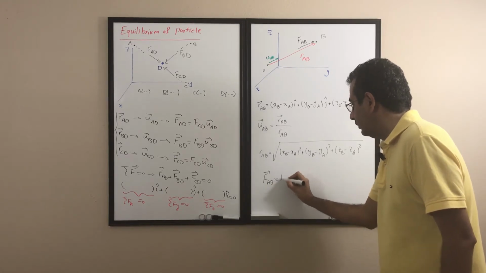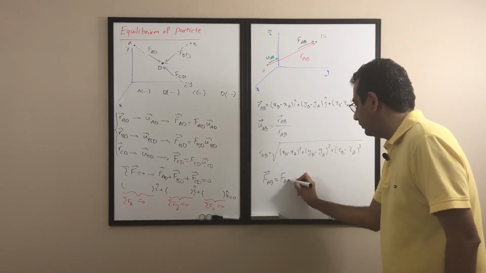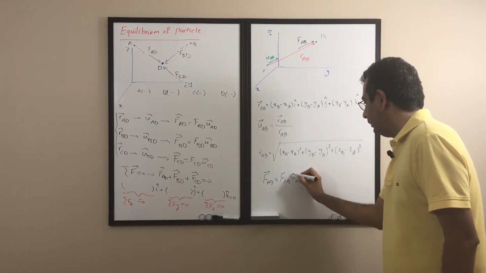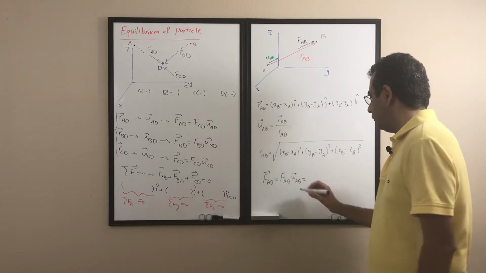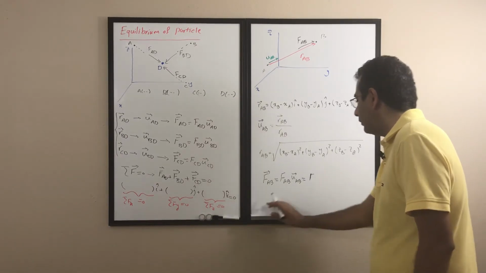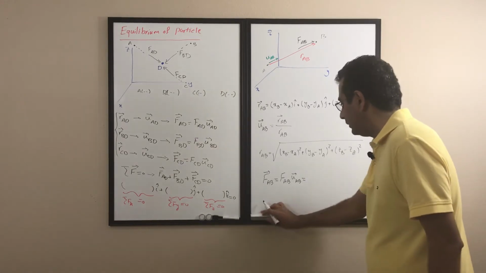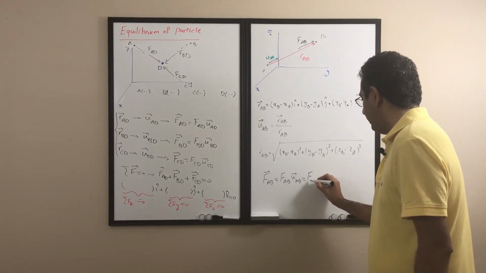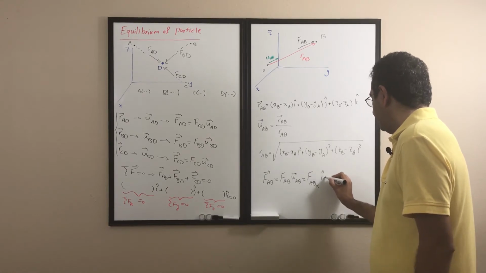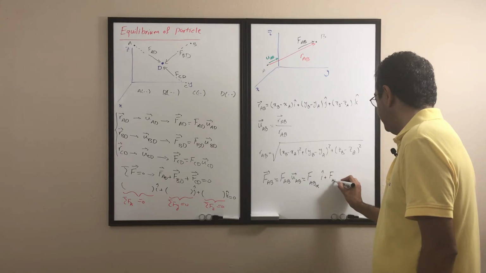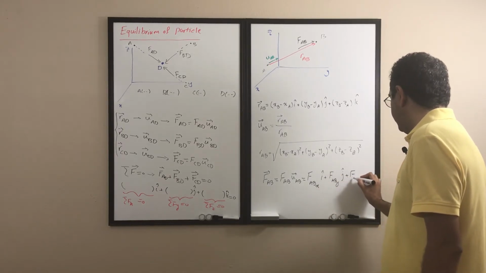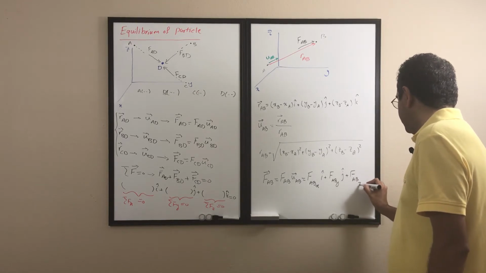is going to be the magnitude of AB times the unit vector of AB, which eventually will come out something like that. After you simplify it, you will get something like that: FAB in the x direction i plus FAB in the y direction j plus FAB in the z direction k.